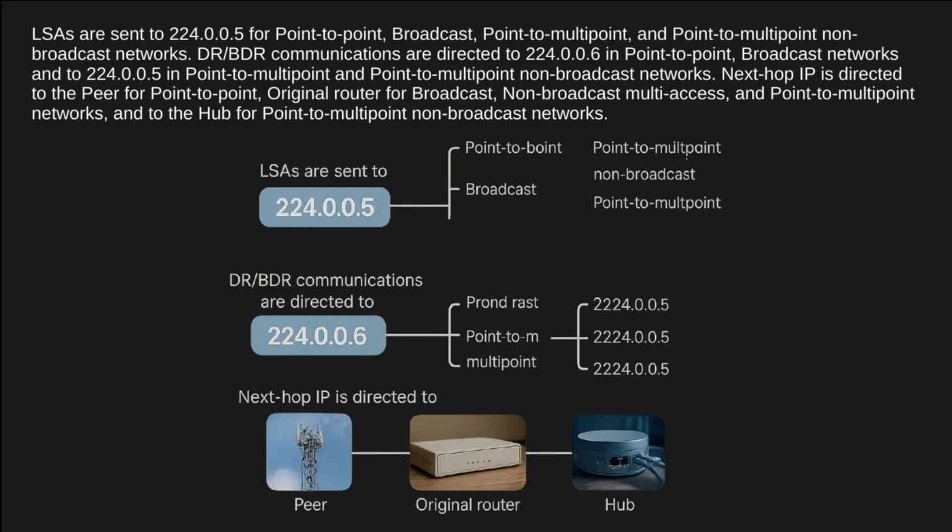DR-BDR communications are directed to 224.0.0.6 in point-to-point and broadcast networks, and to 224.0.0.5 in point-to-multipoint and point-to-multipoint non-broadcast networks. Next hop IP is directed to the peer for point-to-point, original router for broadcast, non-broadcast multi-access, and point-to-multipoint networks, and to the hub for point-to-multipoint non-broadcast networks.